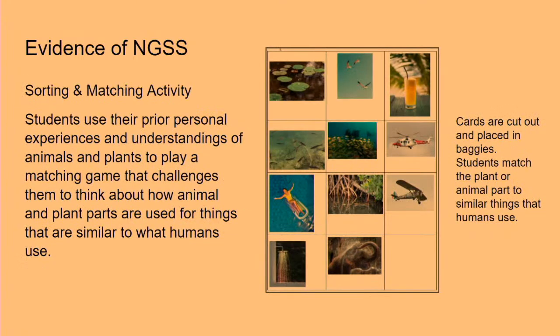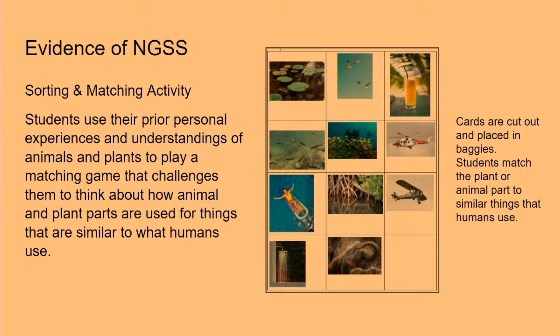And then this is an example of the anchoring activity in this first anchor lesson. And so the students were given cards. These were all cut up and in baggies. And for this year, they did it individually. Normally, they would do it with a partner. And so there were pictures of plants, animals, and then human products. And what they had to do was line up all the animal and plant cards, and then all the human product cards.